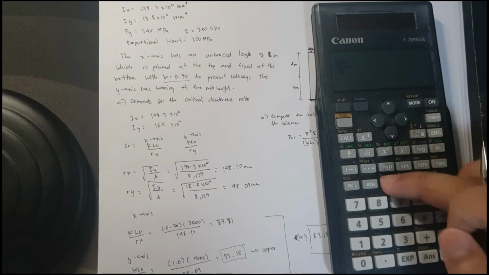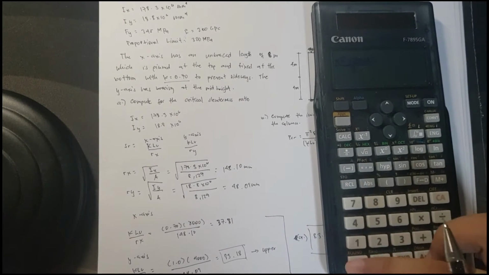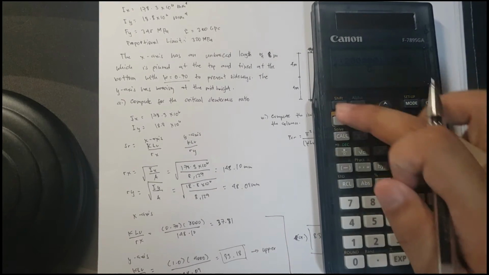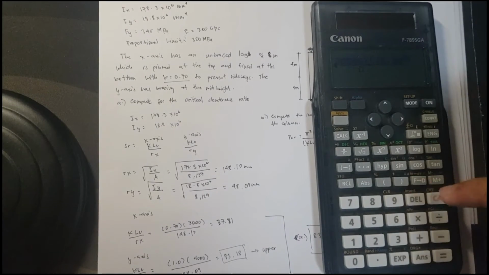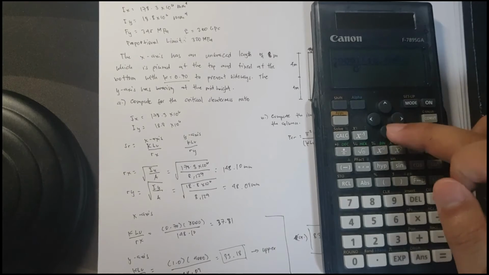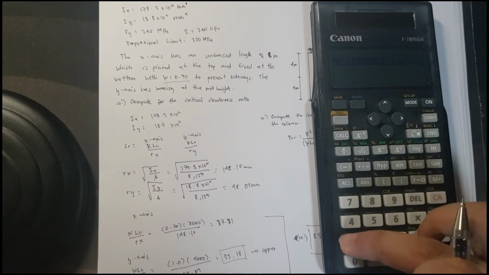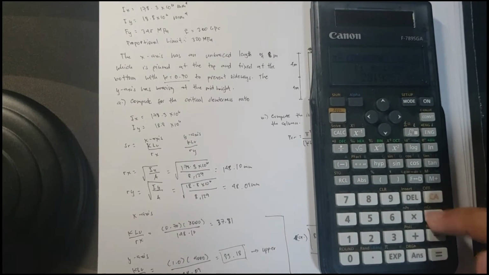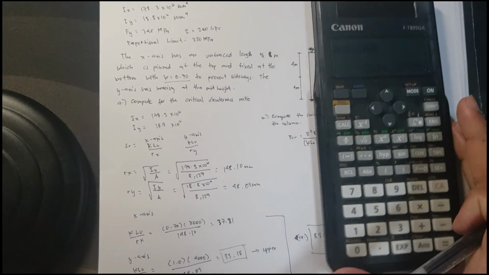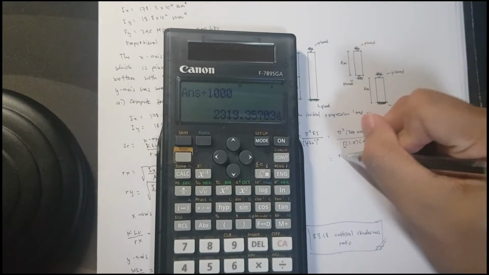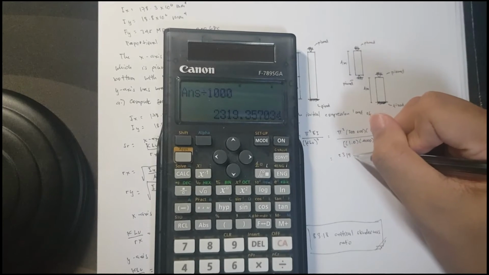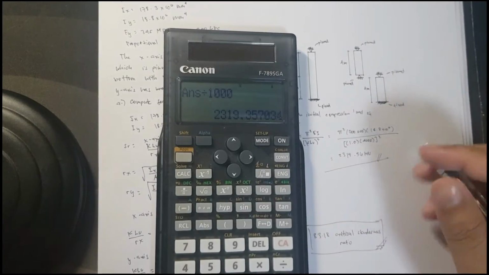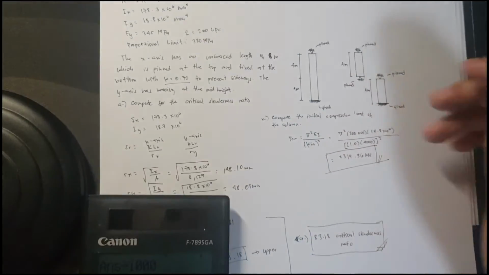Pi squared times 200,000 times 18.8 times 10 raised to 6 all over 1.0 times 4,000 squared, divided by 1,000 para maging kilonewton. So ang sagot natin is 19.36 kilonewton. So ito na yung sagot sa B.